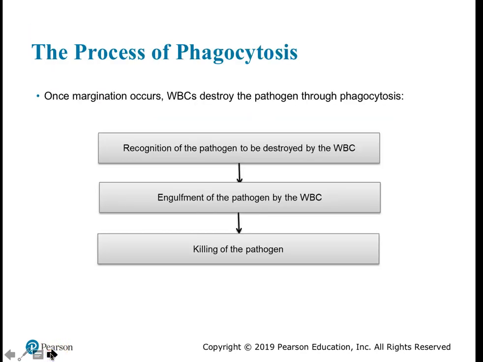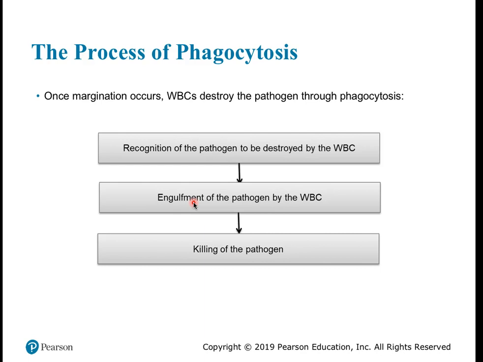The process of phagocytosis. And I'm going to simplify this. I know that in microbiology, a lot of what I'm talking about in this chapter was covered, so it's a review. Phagocytosis means that the pathogen is recognized, and the phagocytic neutrophil is then going to engulf it.